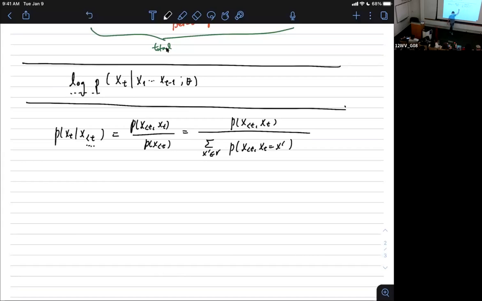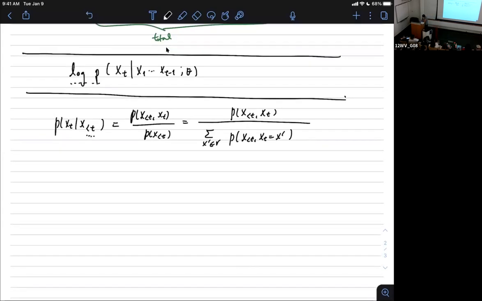And then how do we marginalize it out? We try every possible value, and then sum the probabilities. And we continue. The interesting thing is that we can rewrite it as P tilde of x_{<t} and x_t over Z, over the sum over x prime in V of P tilde of x_t equals x prime over Z. This Z is just a normalization constant.